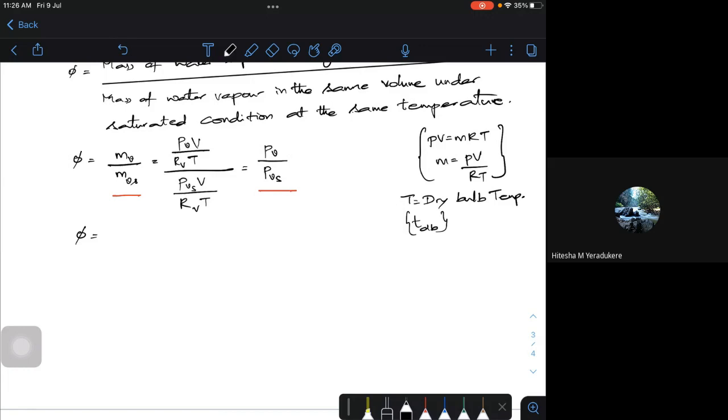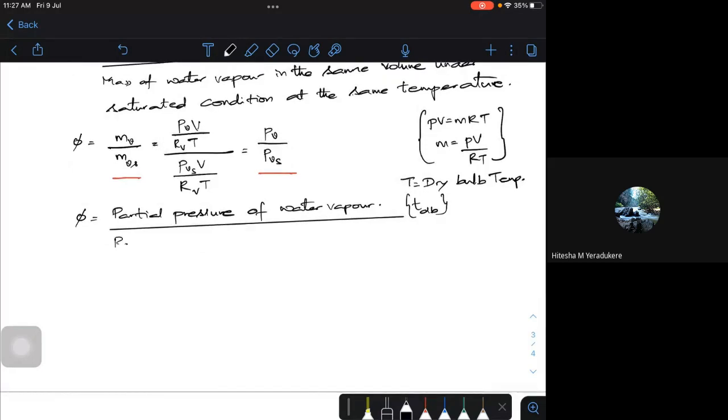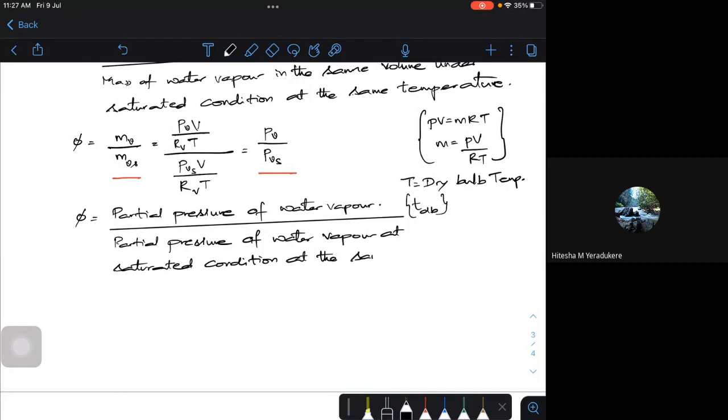I can write it now as the ratio of the partial pressure of water vapor, in the numerator, to the partial pressure of water vapor at saturated condition at the same temperature, in the denominator.